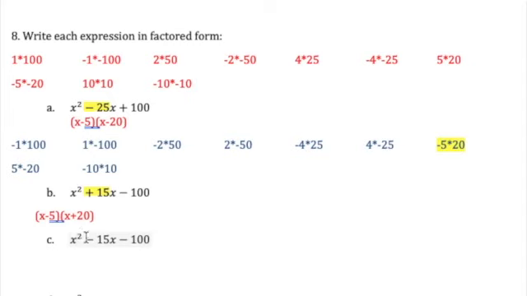So let's see, the next one multiplies to get -100, but adds to get me -15 instead of +15. For that one, it's going to be the same two factors, but flip-flop the signs, because 5 plus -20 is going to get me -15. So I'm going to have x plus 5, x minus 20 for that one.